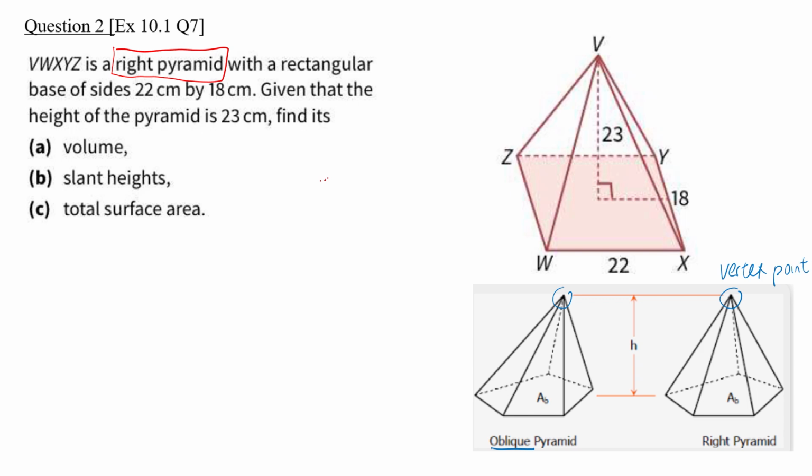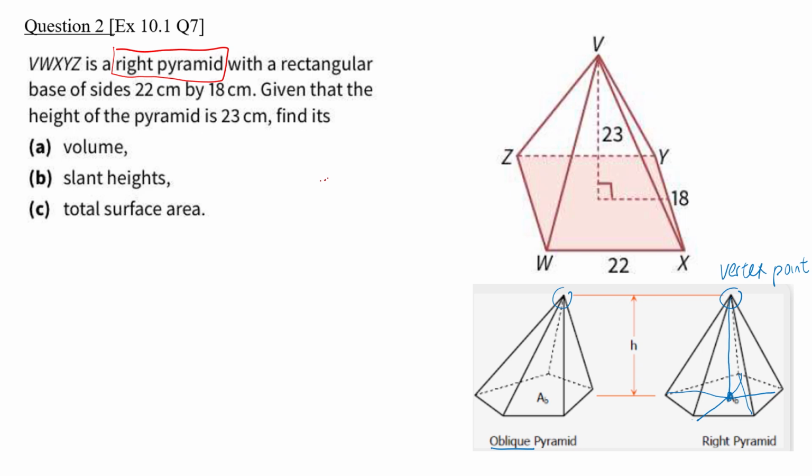If you were to draw a vertical line from the vertex point all the way down to touch the base, you'll see that in a right pyramid, this vertex point is directly above the center of your base. That's a right pyramid.